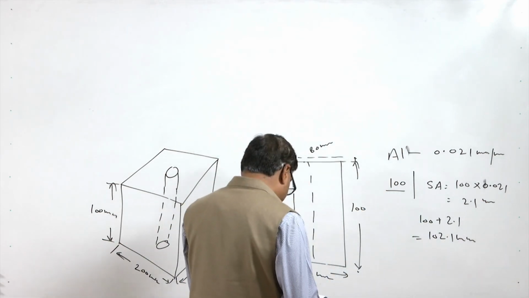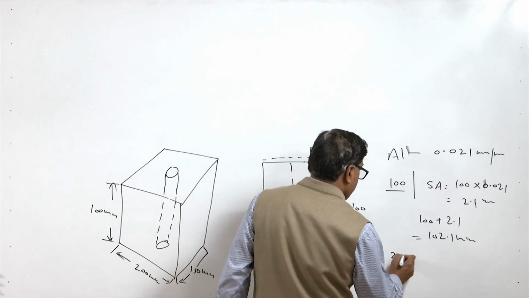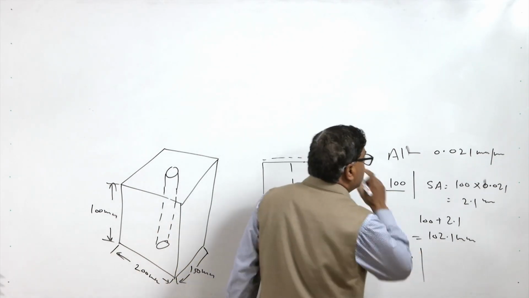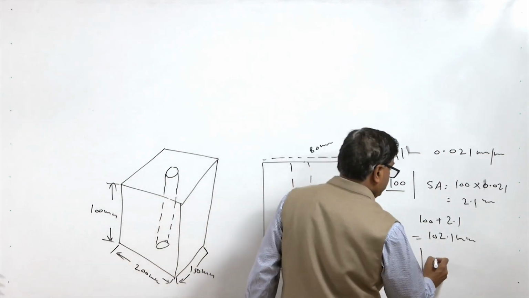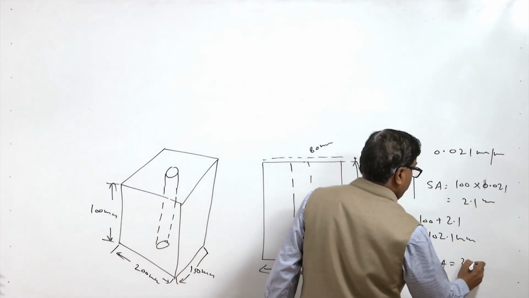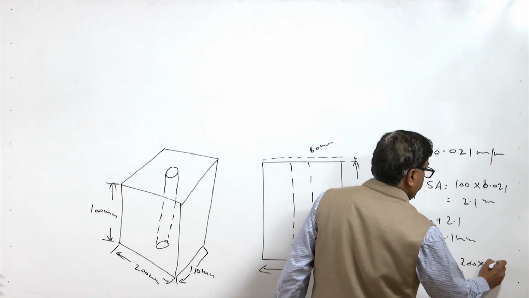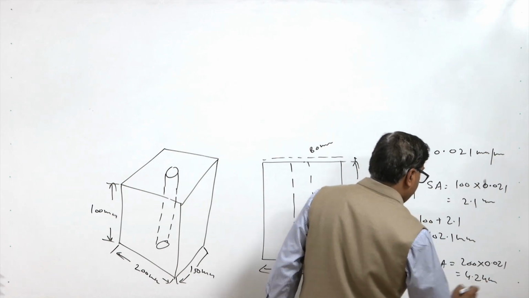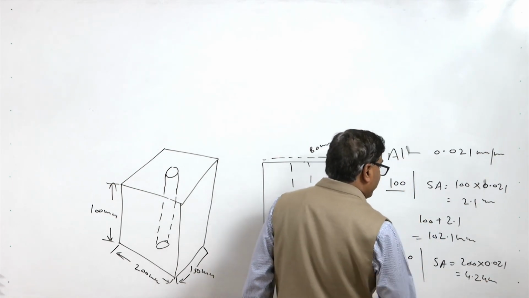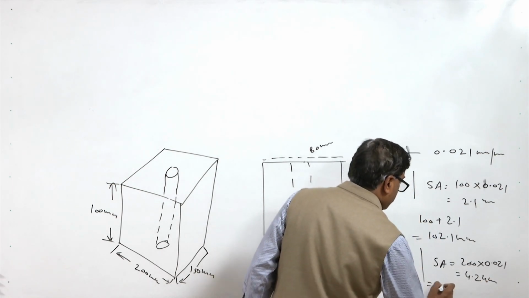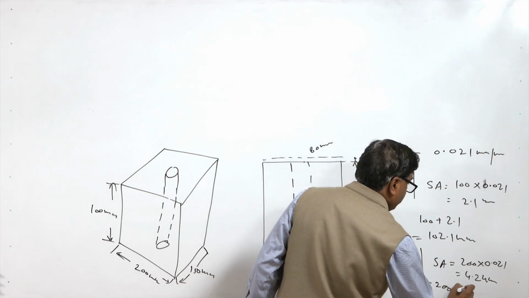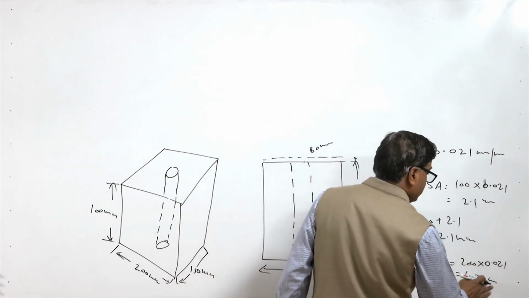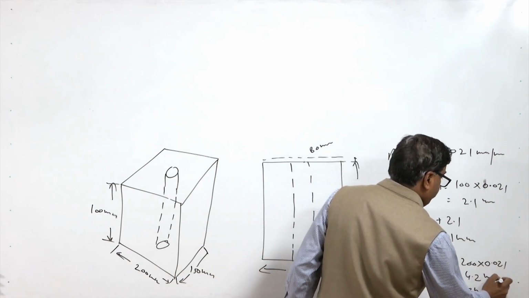Similarly, for the width, this 200 mm dimension, the shrinkage allowance will be 200 into 0.021. So, it will be 4.2 mm, and the total final dimension will be 200 plus 4.2 mm.